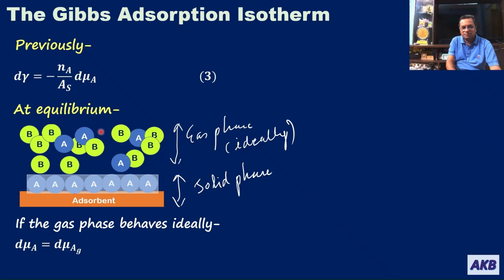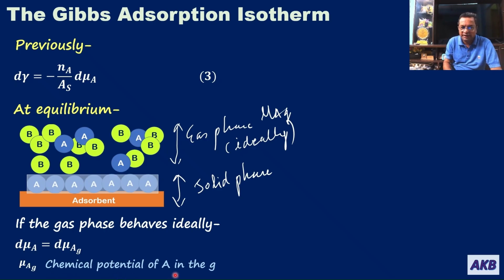So at equilibrium, if you assume the gas phase to be behaving ideally, then this equation holds true: d mu A is equal to d mu Ag, where mu Ag is the chemical potential of A in the gas phase.